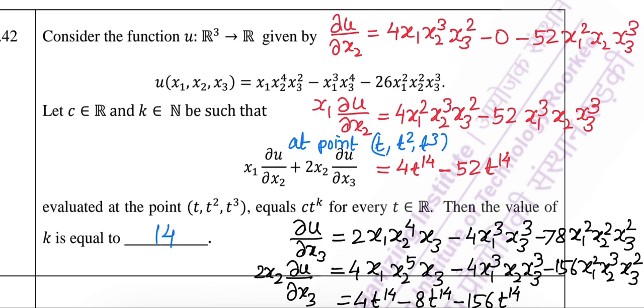So this question was very easy. You have to just differentiate this function u first with respect to variable x2, considering x1 and x3 as a constant, and thereafter for the second term differentiate the same function with respect to x3, considering x1 and x2 as a constant.